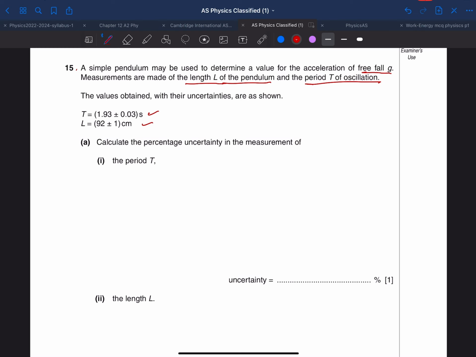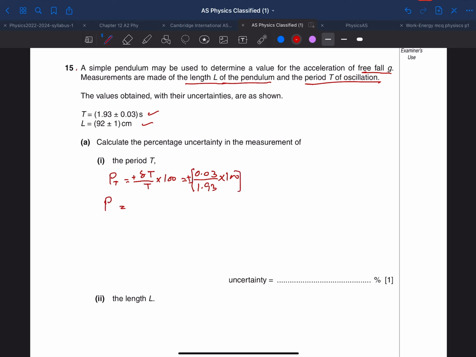So it's very simple. You can write Pt is equal to del t divided by t into 100, of course with plus minus. So del t is 0.03 and the value given is 1.93, and when you multiply this value by 100, you will get the required percentage.